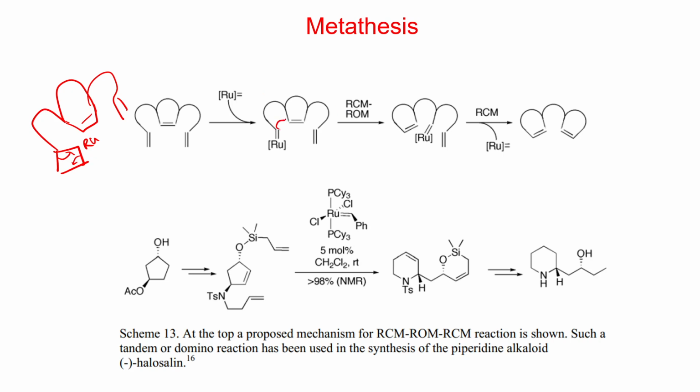So at first, this thing you have to, and here you are going to have this kind of system, and in closing metathesis the first step should happen like this.